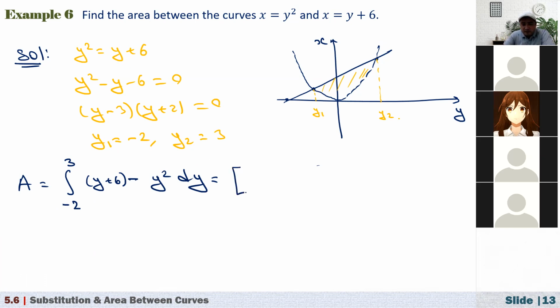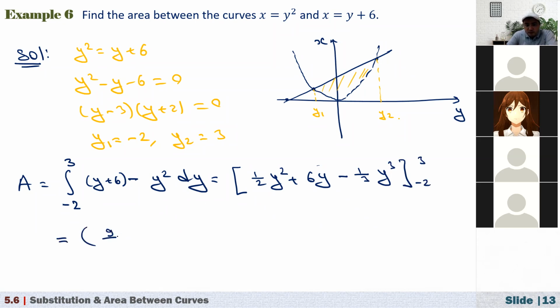Now if you integrate this, we get 1 over 2 y squared plus 6y minus 1 over 3 y cubed, from negative 2 to 3. At 3, we have 9 over 2 plus 18 minus 9. At negative 2, we have 4 over 2, that is 2, minus 12, plus 8 over 3.